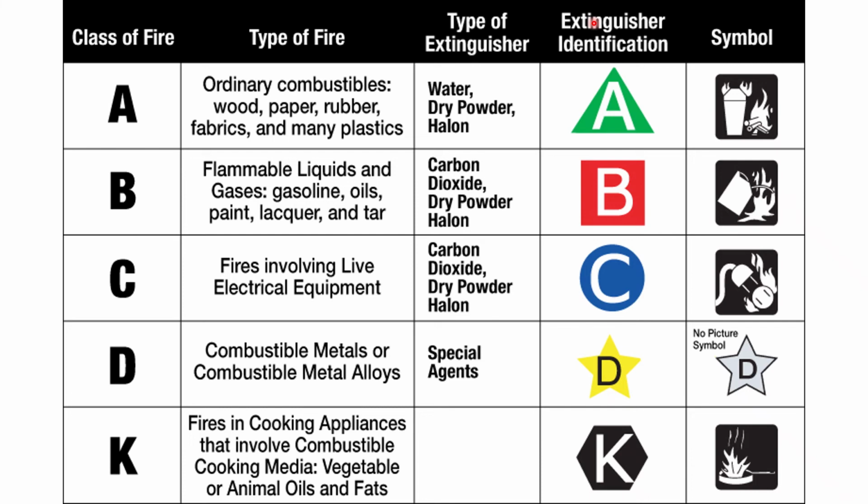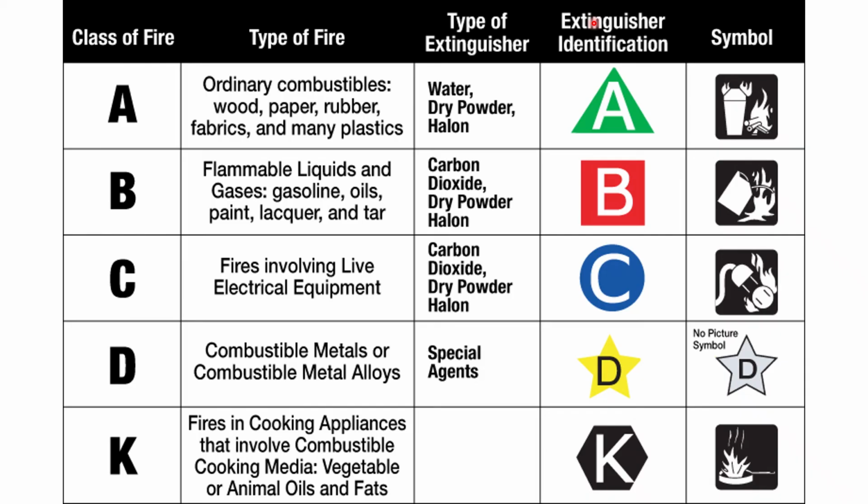Be certain to choose the right type because using the wrong type of extinguisher may be dangerous. For example, do not use water on burning liquids or on electrical equipment. Remember, class, water is a conductor of electricity. So the person extinguishing the fire might be electrocuted.